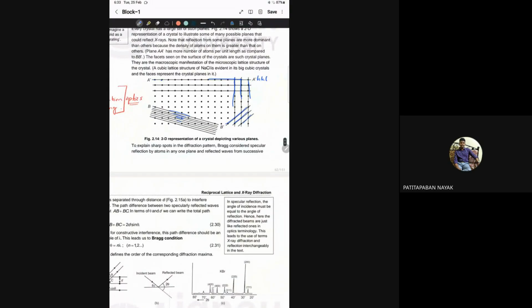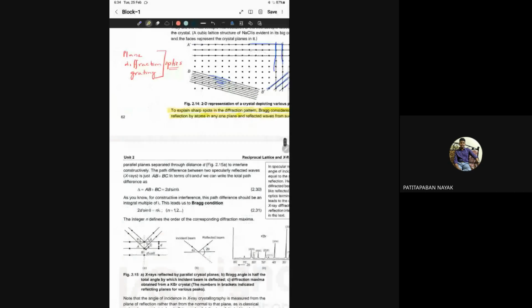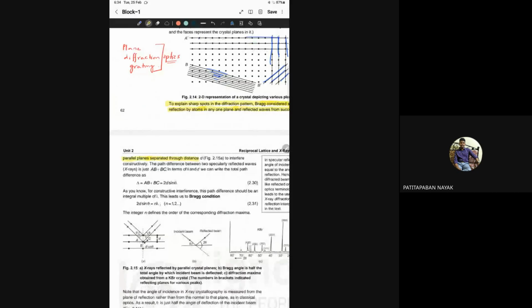Let us now come to the mathematics part. It is telling you, to explain sharp spots in the diffraction pattern, Bragg considered specular reflection by atoms in one plane, and reflected waves from successive parallel planes separated by a distance to interfere constructively.